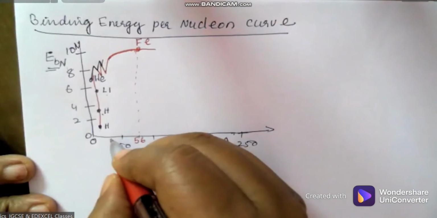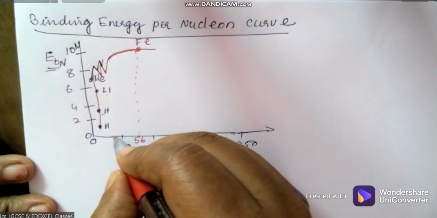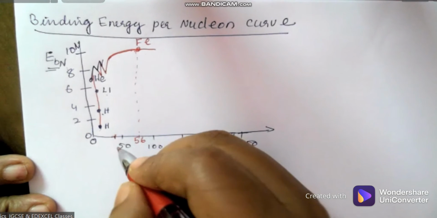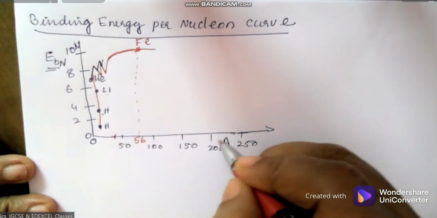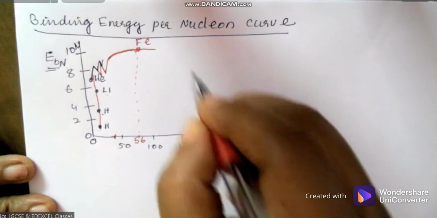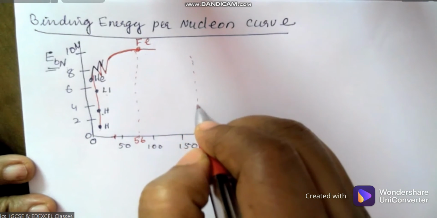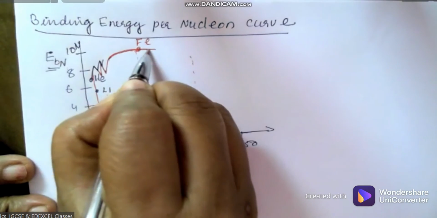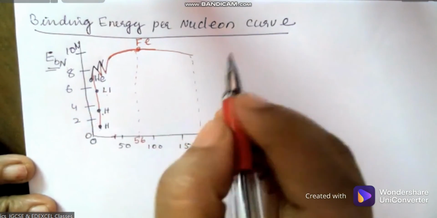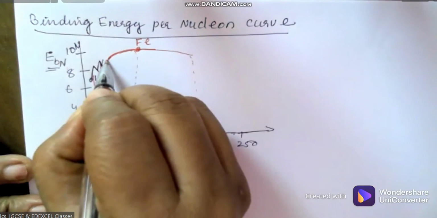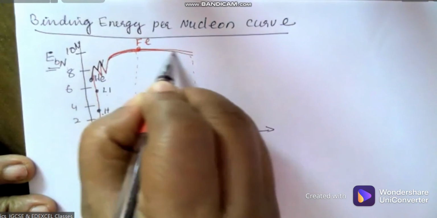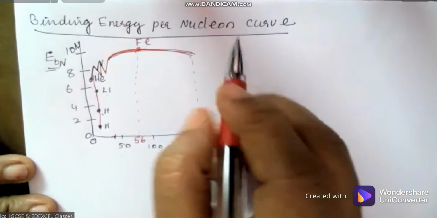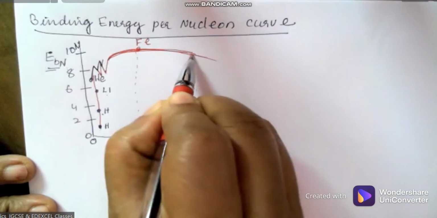And up to 30, somewhere here, 30 to 170. 170 is somewhere here. Okay, so like this. Fine. See, look here. And then it decreases.